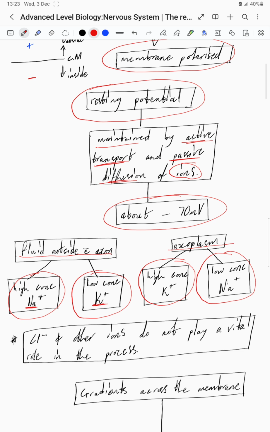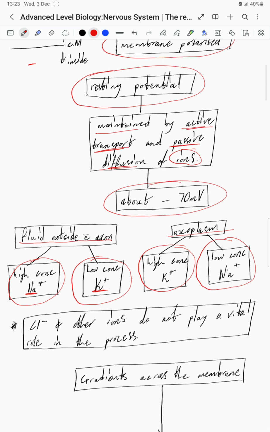This will make sense later when we are explaining the resting potential. Chlorine and other ions do not play vital roles in the process.